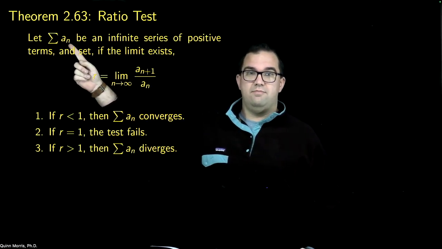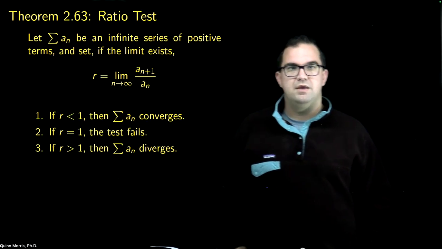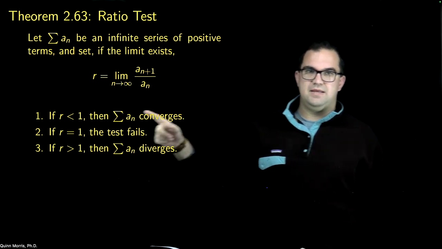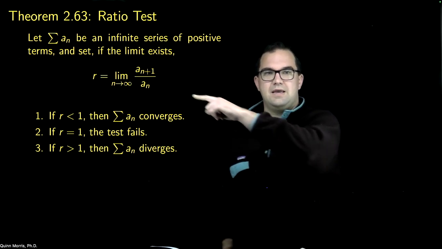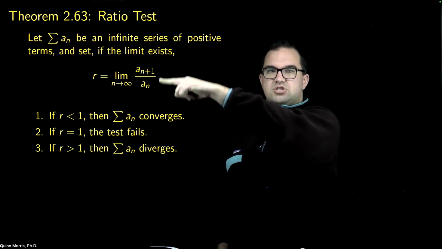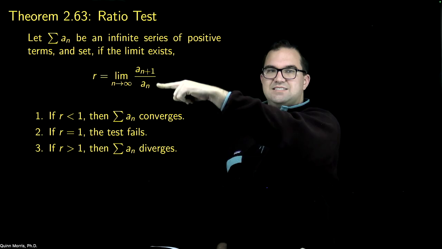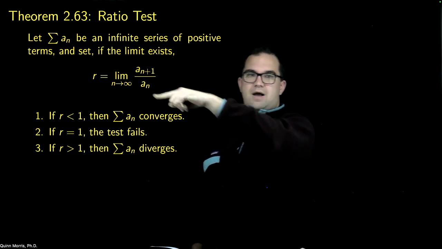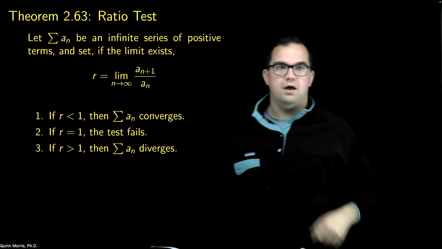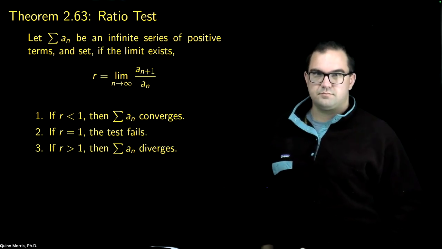So I'm assuming that all of my terms here are positive. And set, if this limit exists, R to be the limit as n goes to infinity of this ratio. So this is just the ratio of successive terms, right? This is the n plus first term divided by the nth term in your series.